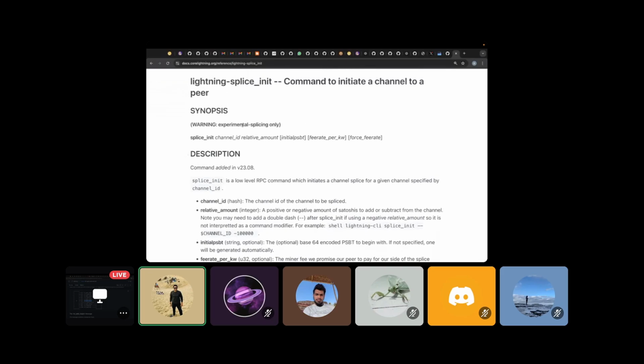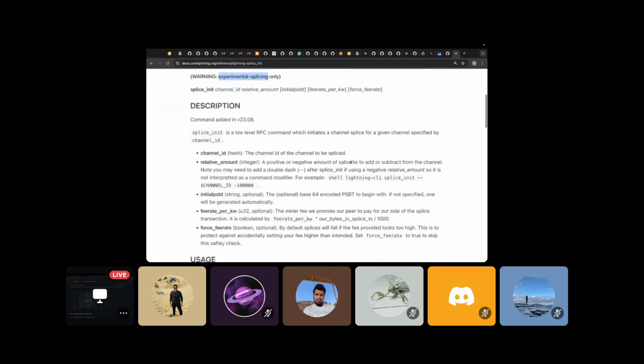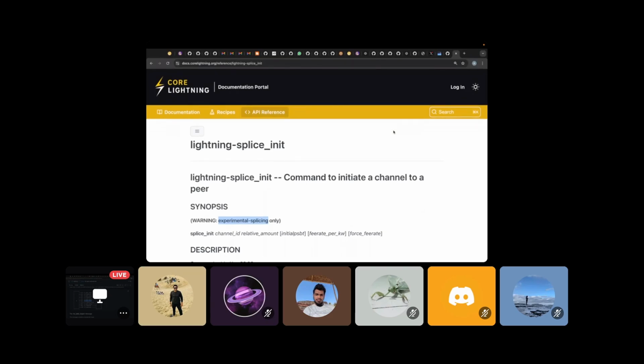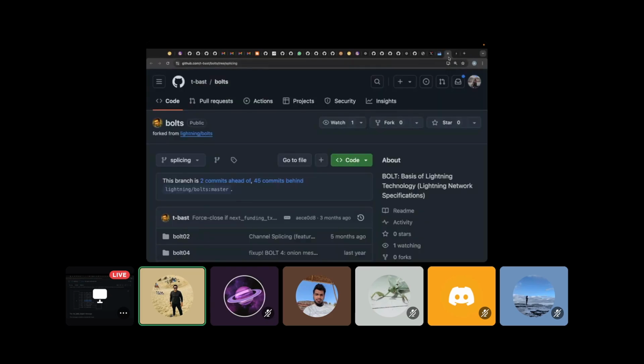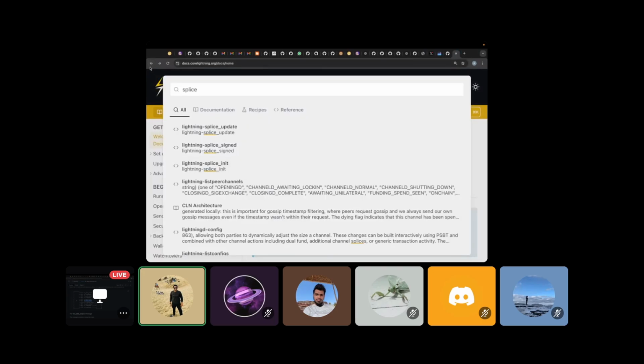And this is only allowed if you run your node with the experimental splicing flag. Otherwise, all of those would not work. Other than that, I'm not sure if any other wallet has implemented splicing.